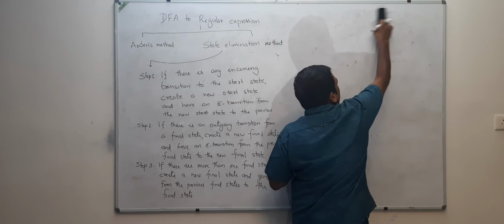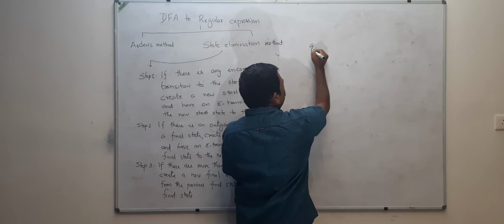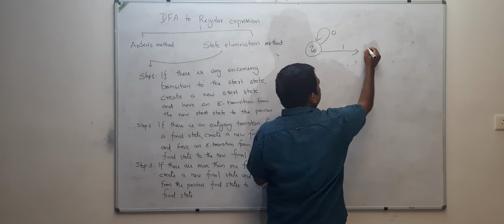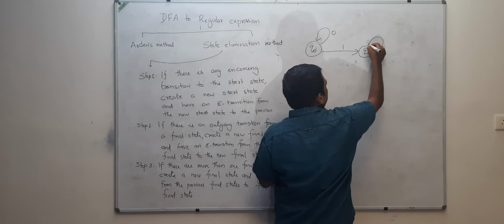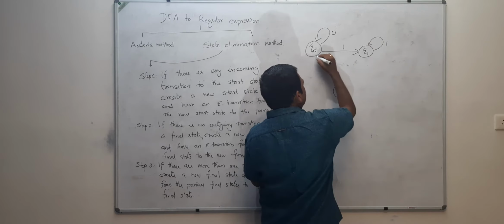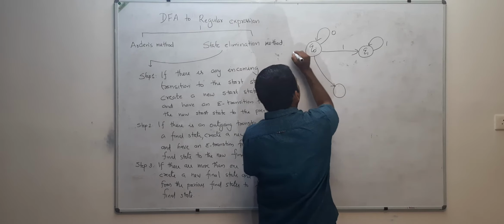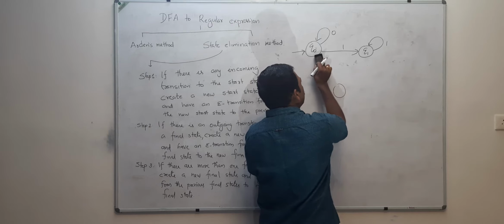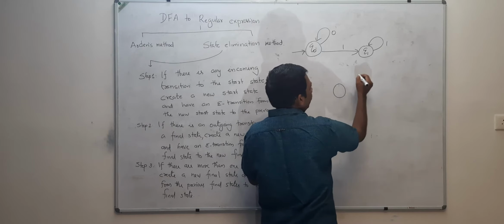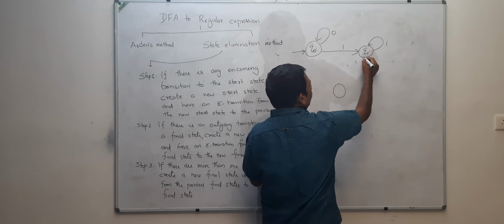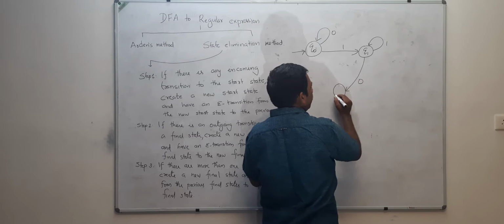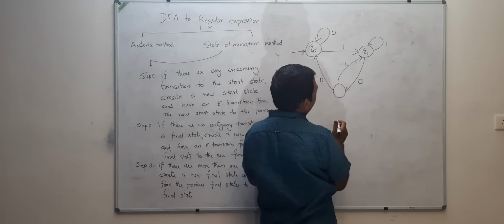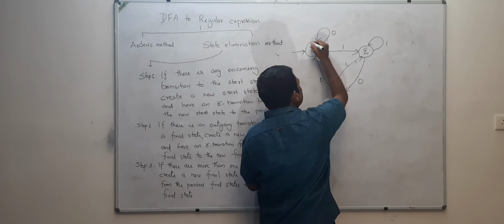See, this is Q0. Suppose that it is 0, this is 1, Q0, Q1, and suppose that again it is 1, suppose that this again is the start state.